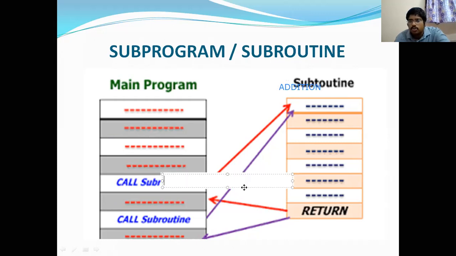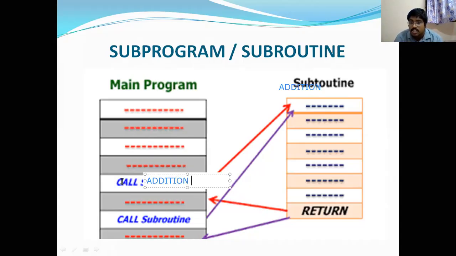Then I will use an instruction called CALL, and I will give the name allocated to this subroutine, which is ADDITION. So I write CALL ADDITION.